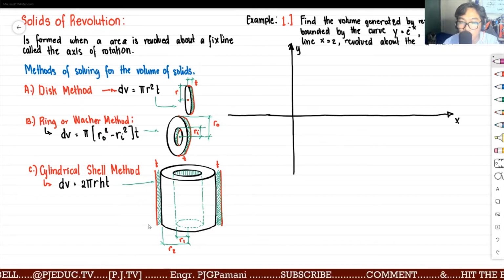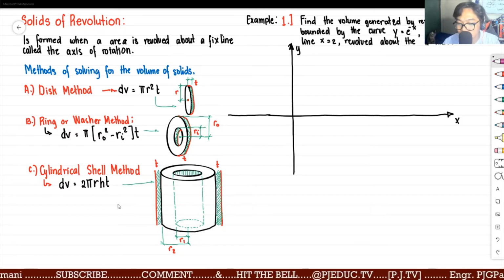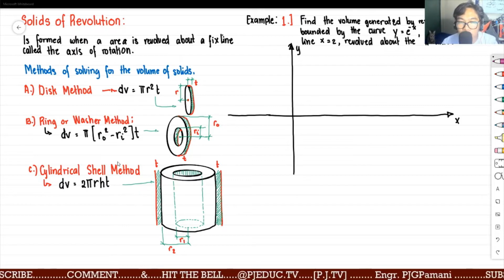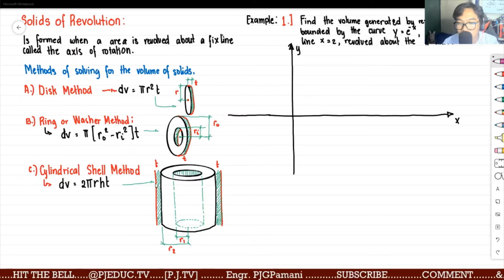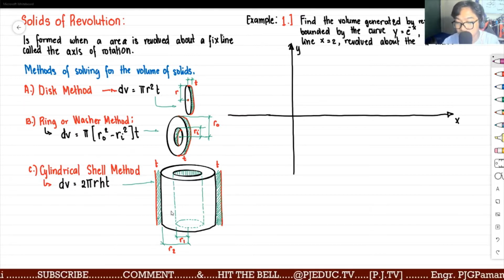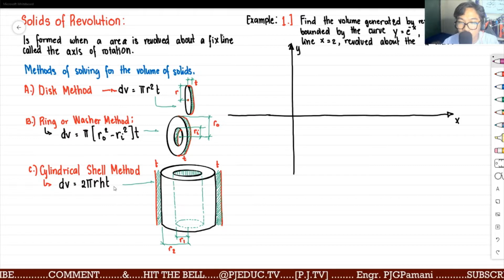Meaning, we will solve two volumes: radius 1 with respect to the inner radius and radius 2 with respect to the outer radius. Why can't it be outer radius minus inner radius? The volume will be different when it comes to the cylindrical shell method, and the height will also differ. Okay? Then the thickness of this cylinder.